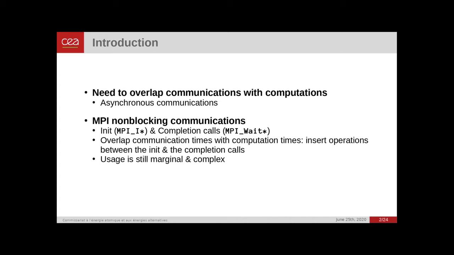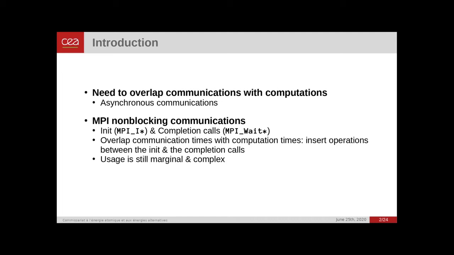MPI non-blocking communications are made of two calls, the initialization call and the completion call. We will insert independent statements between those two calls so that they can be performed on the computing node while the communication is being progressed. This way we have overlapped the communication with the computations.